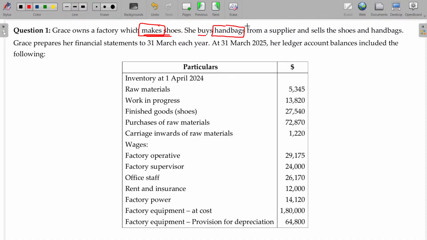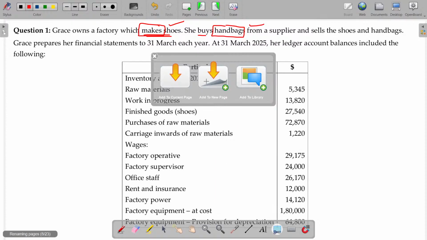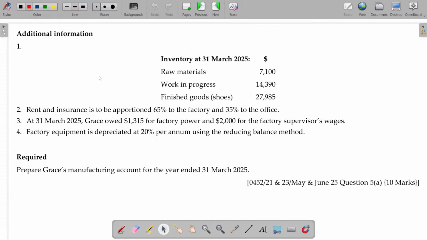For handbags, Grace may be a trader, for shoes she is the manufacturer. And the ledger account balances included the following items. So we have to prepare the manufacturing account. Let's see what things are going to be prepared. Prepare Grace's manufacturing account only.